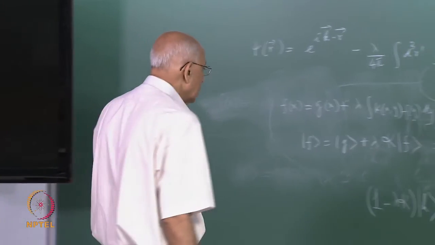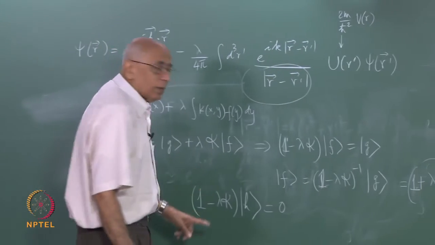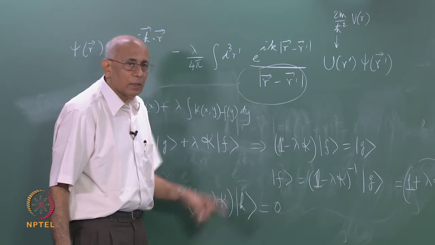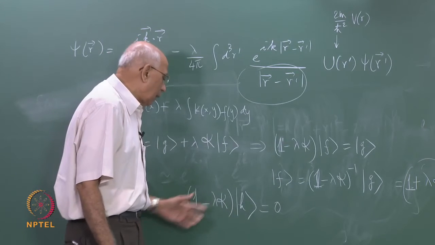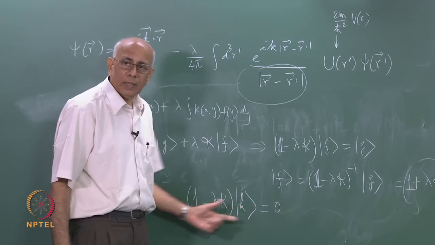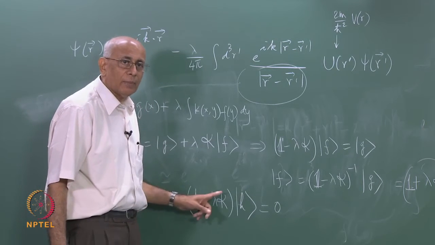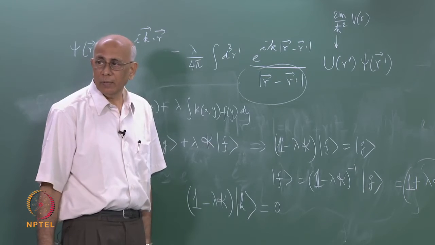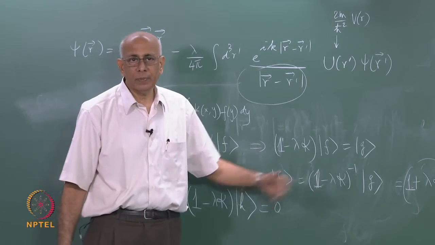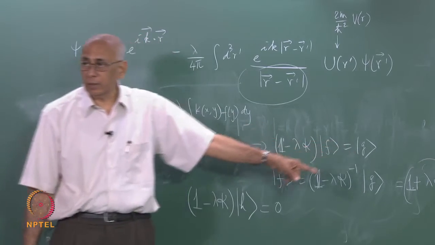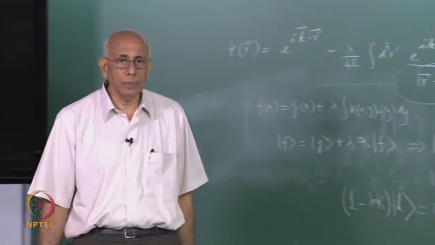So if there is a non-trivial, non-null vector in this function space h such that h is equal to lambda k on h itself, so that lambda is at a special value, one of the eigenvalues, then of course the resolvent operator does not exist and this solution diverges, does not exist.